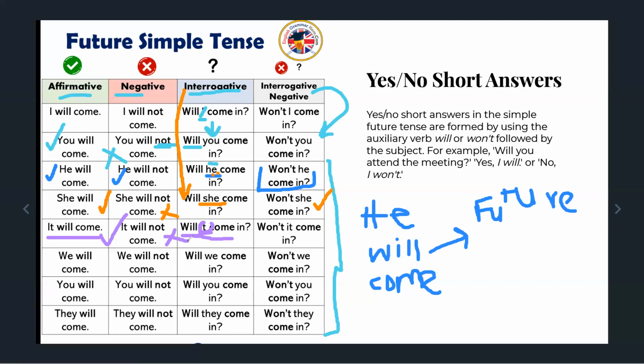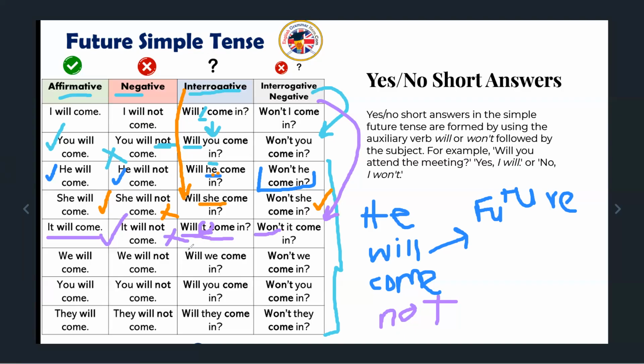So in the interrogative negative way to ask that, you are just going to add the word not after the will. So will plus not is equal to won't. Won't it come in?